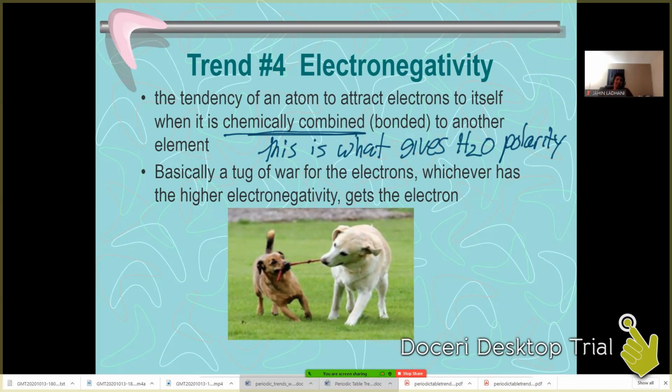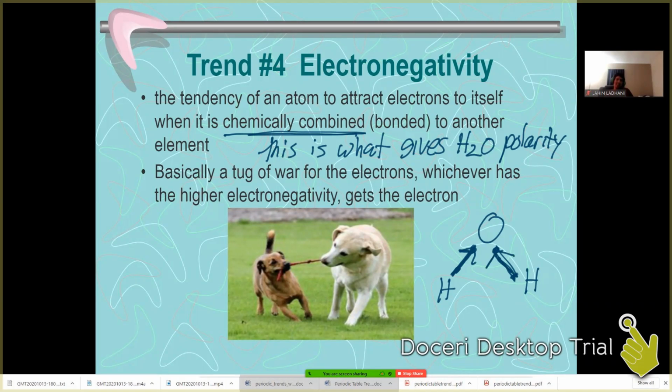If I have a water molecule, these lines represent a bond. And that bond's made up of 2 electrons. One contributed from the oxygen, one contributed from the hydrogen. But oxygen's much more electronegative than hydrogen, so it is able to kind of shift those shared electrons toward itself.